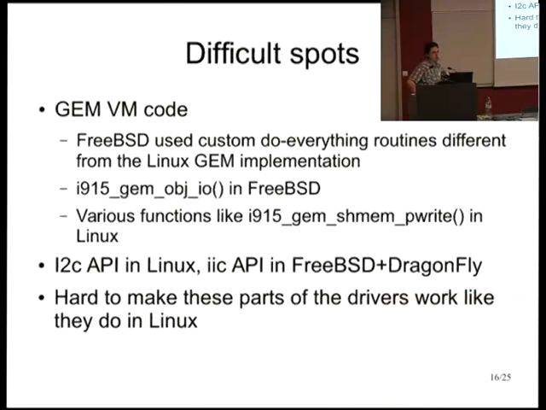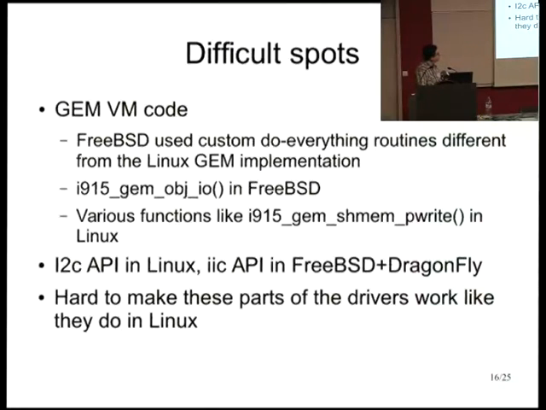I would like to make that code more Linux-like, but virtual memory management is very sensitive, and if you do things badly, if you change a small detail without understanding what you're doing, you can get all sorts of weird bugs, kernel crashes, hardware reboots, and so on. So it's a very sensitive area of code.